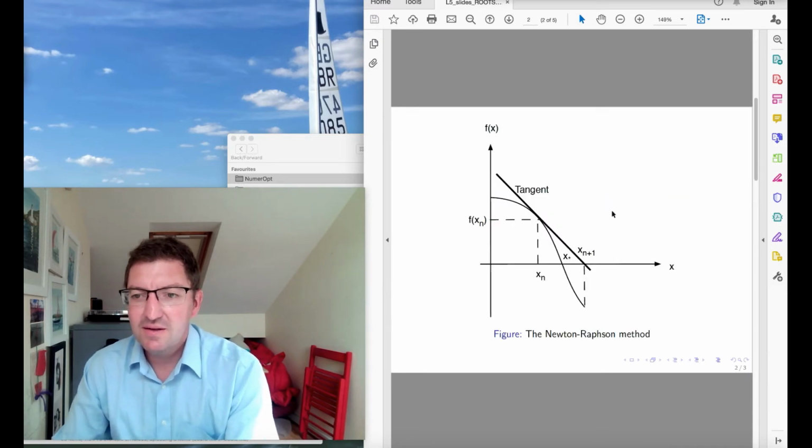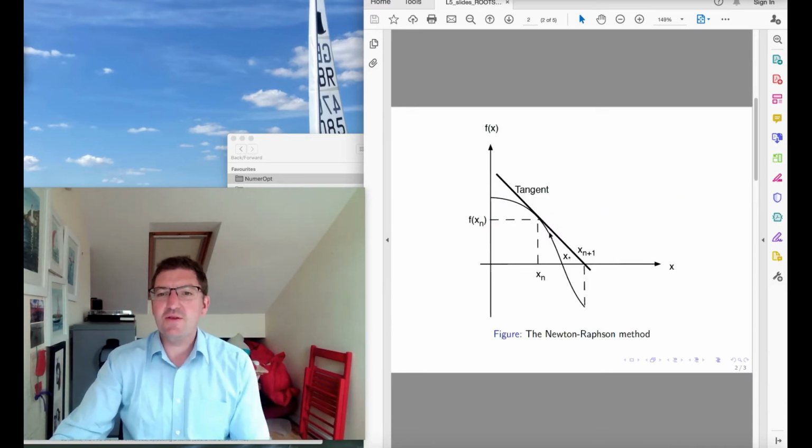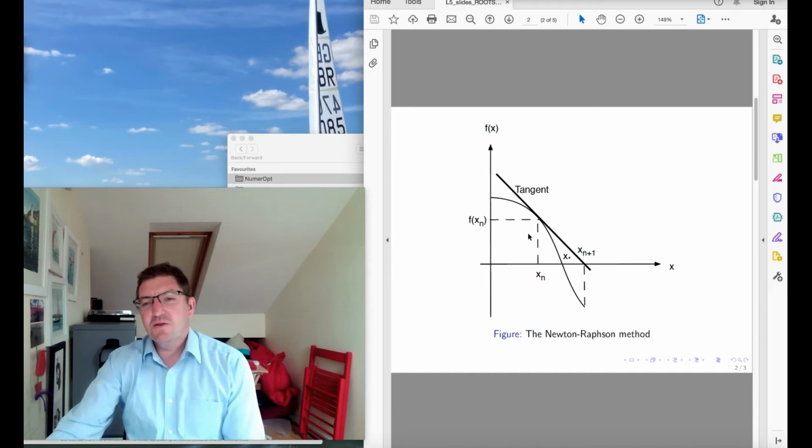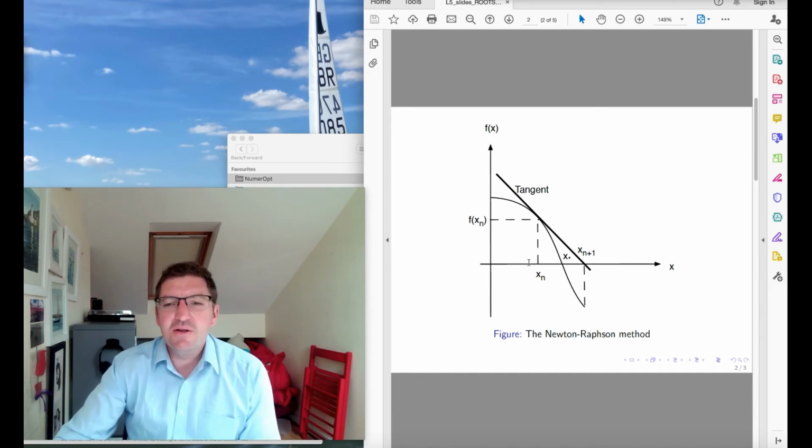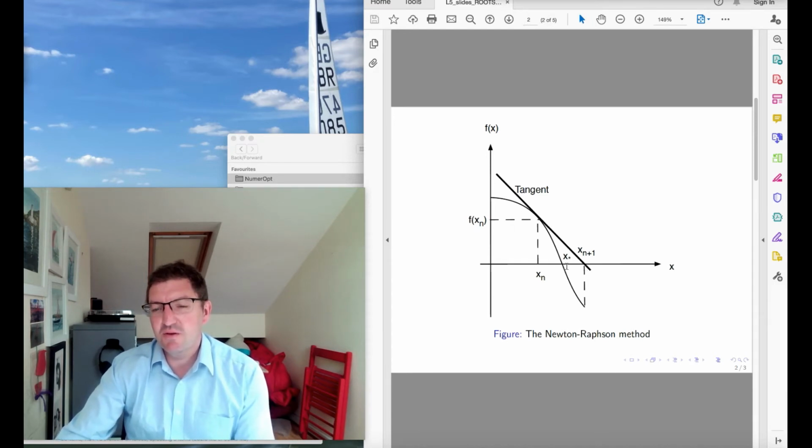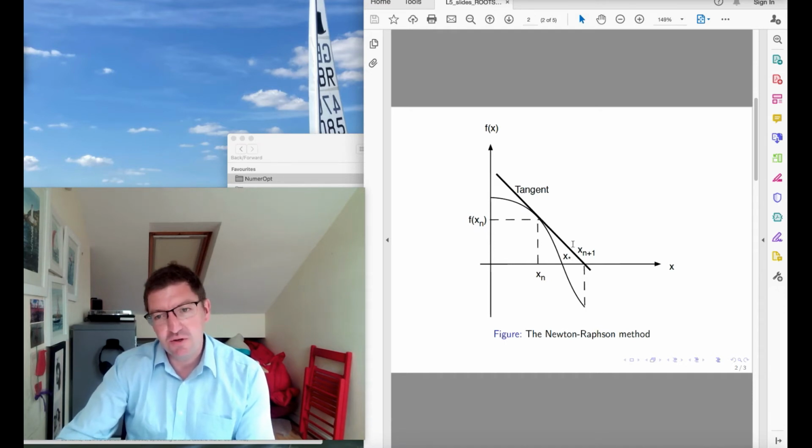So the Newton-Raphson method depends on constructing the tangent to the function you're trying to find the root of, and using that tangent to get to the root. If you start at xn, you construct the tangent and then go down to the y equals 0 axis and you get xn plus 1.